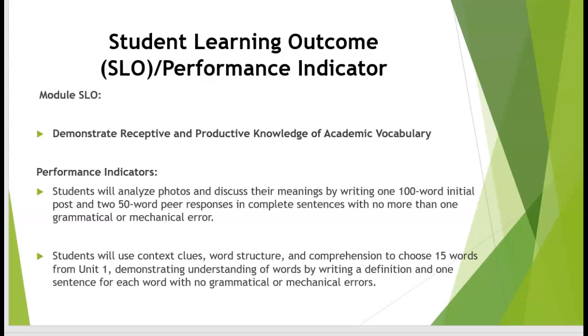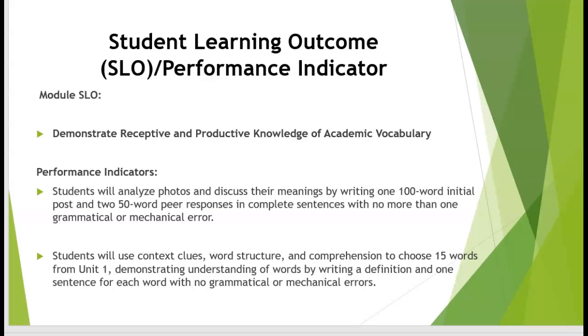Now, as we go to the next learning outcome, demonstrate receptive and productive knowledge of academic vocabulary, I actually have 2 performance indicators. The first: students will analyze photos and discuss their meanings by writing one 100-word initial post and 2 50-word peer responses in complete sentences with no more than one grammatical or mechanical error.